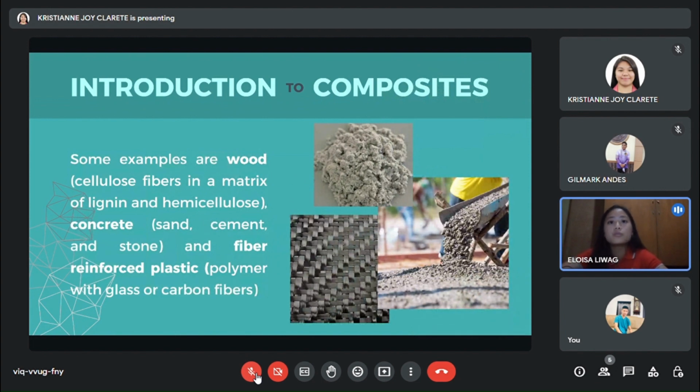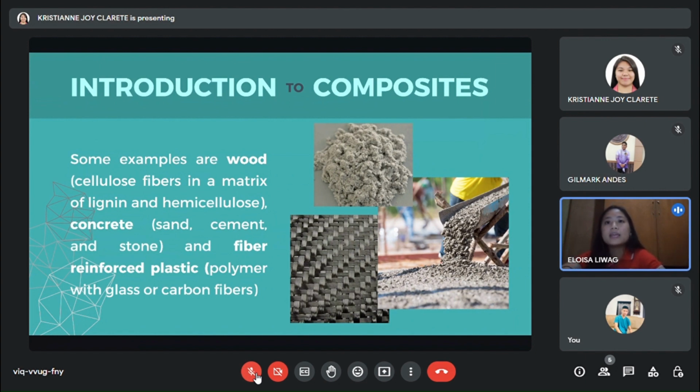So, next is about naman ito sa example ng composite. Some examples are wood or cellulose fibers in a matrix of lignin and hemicellulose. So first, yung wood. Yung lignin ay makikita sa cell ng plant. Example dito is yung fiberboard, hardboard, plastic, wood plastic composite, and wood cement composite, and etc. And second one is yung concrete or sand, cement, and stone.